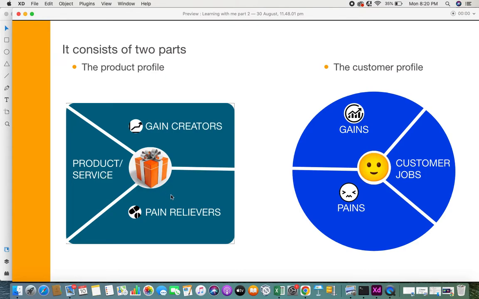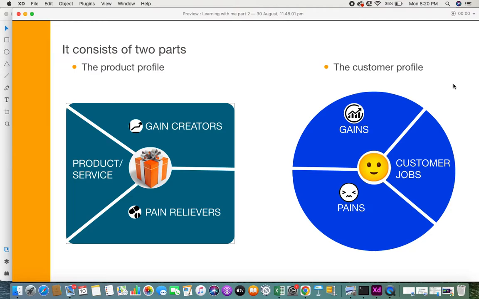Then you have the pain relievers, which are the features or modules that are going to ease the pains of the customers, and the gain creators that enable the customer to achieve their gain, something they want or expect out of your product or service.